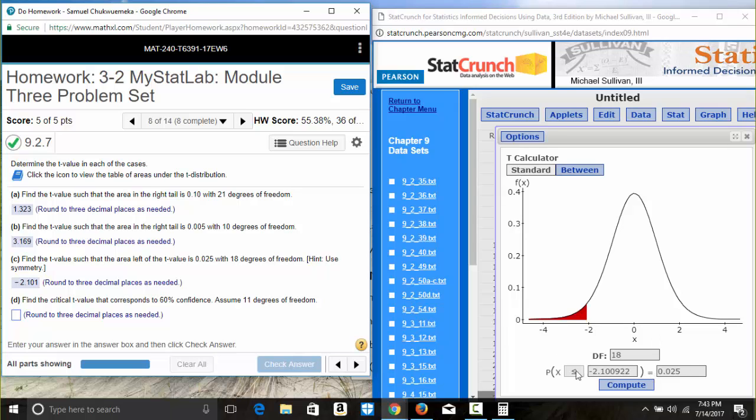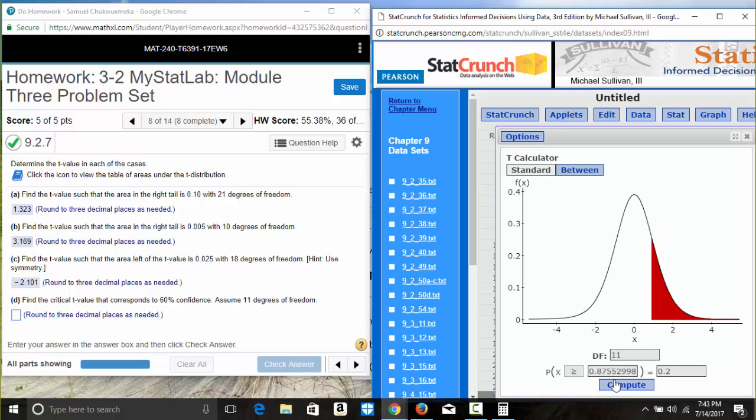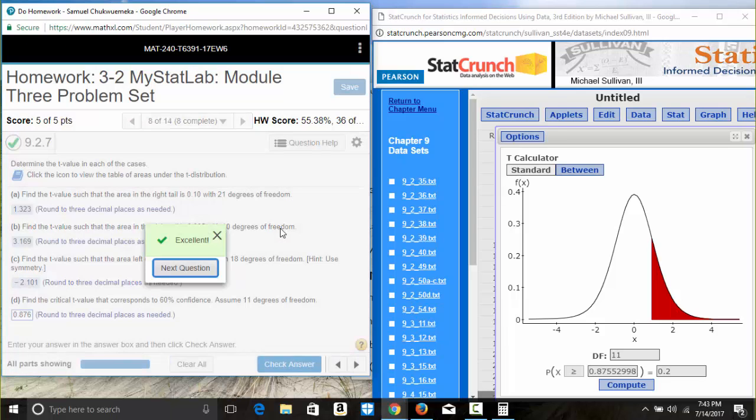So we could have 0.2 right tail and 11 degrees of freedom. That's just what you need to do if they give you the confidence. You find the level of significance. And this will give us 0.876.